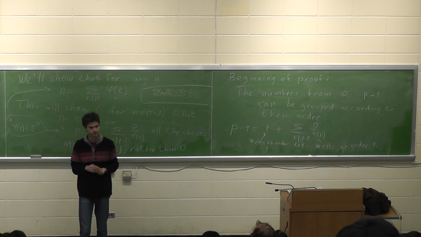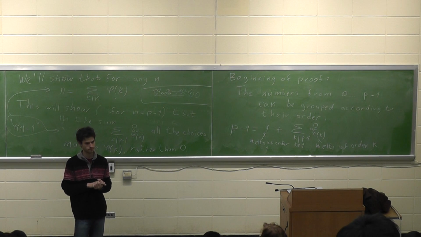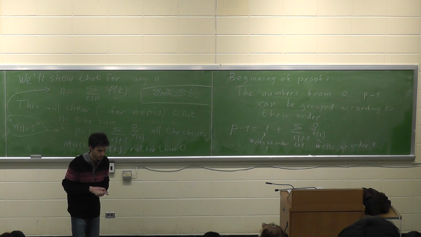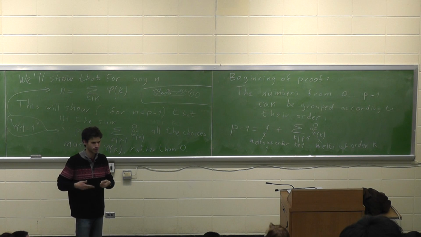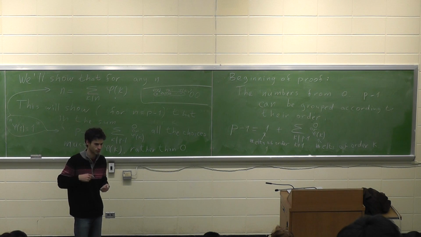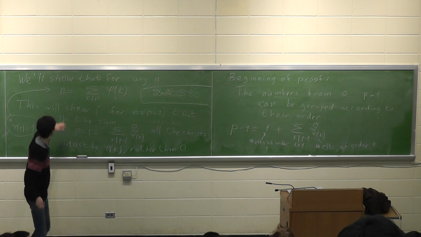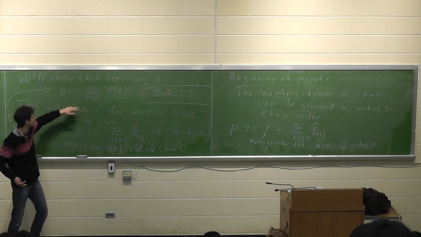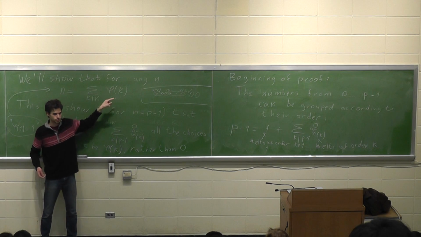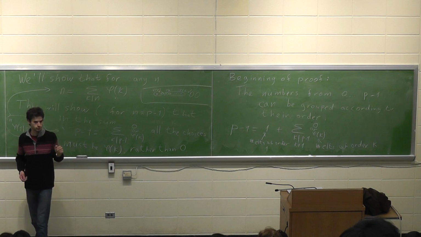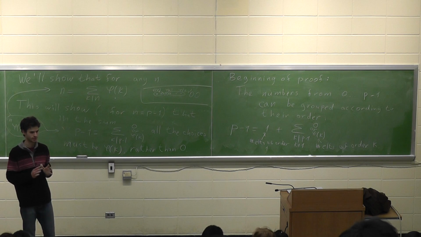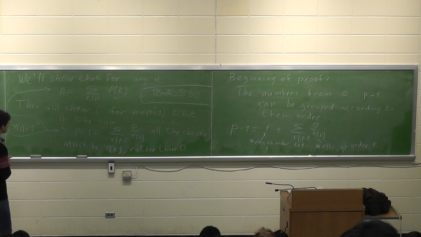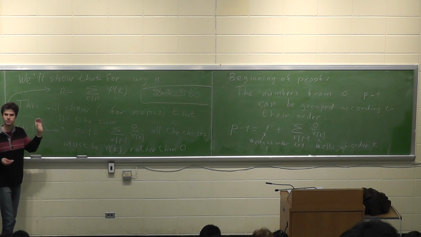Is it possible that k divides p minus 1 but there are no elements of order k? A priori it is possible, as far as we knew at the end of the last lecture, but this identity shows that it's impossible. There will be exactly that many elements of order k, so each group will be non-empty. Okay, other questions?